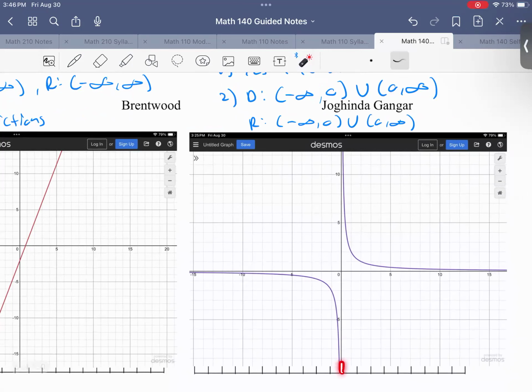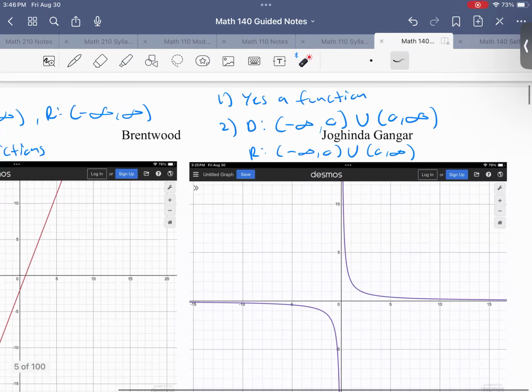We're coming from negative infinity. We got to stop at 0 because there's this weird little break right here, but then we can keep going forward to infinity. So you just got to union that. Okay, so if it's been a while since you've seen something like that, that's okay. Just try to refresh yourself a bit or try to understand what's going on here, but that would be the domain and range for that.